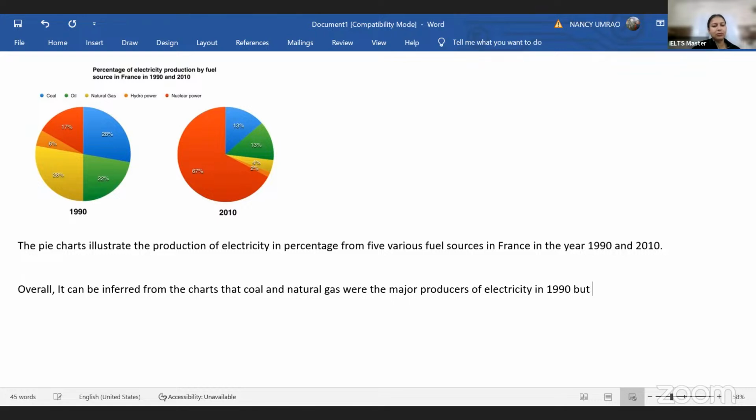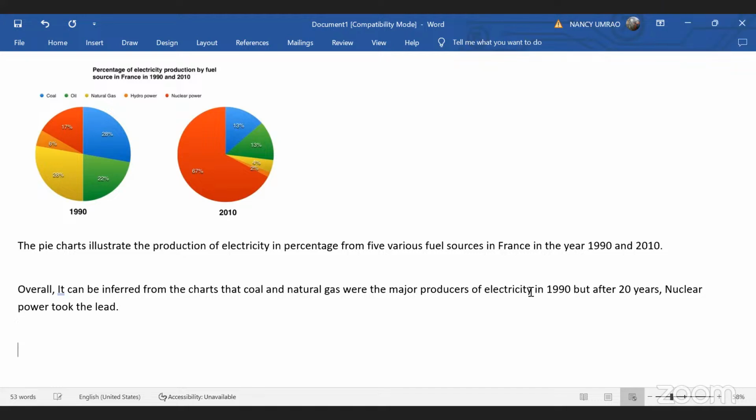But after 20 years, nuclear power took the lead. Is that clear?